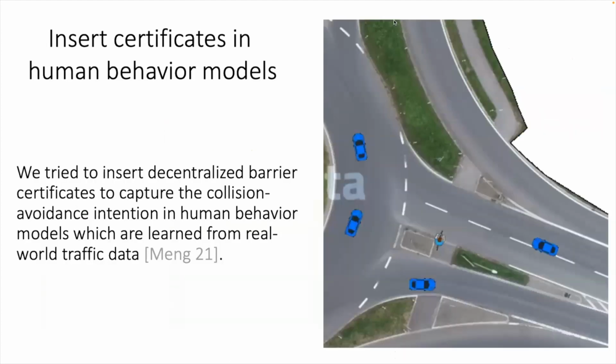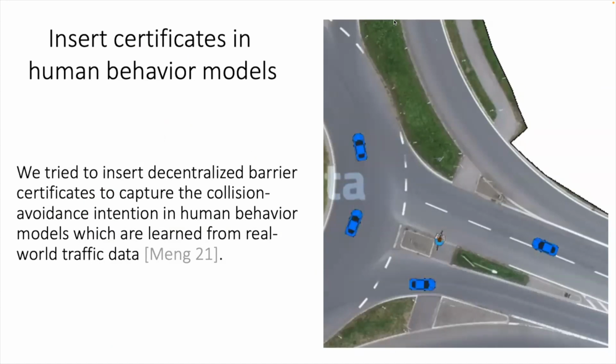Another thing that we have tried, because I'm running a little bit behind, I will briefly mention. Previously we studied these certificate functions for robots, where the robot is supposed to be safe. For the robots, we have some information from physics and math about how that robot looks. But how about human behavior models? Here, what we are trying to do is use a decentralized barrier certificate to capture the intention of human beings in a traffic scenario.